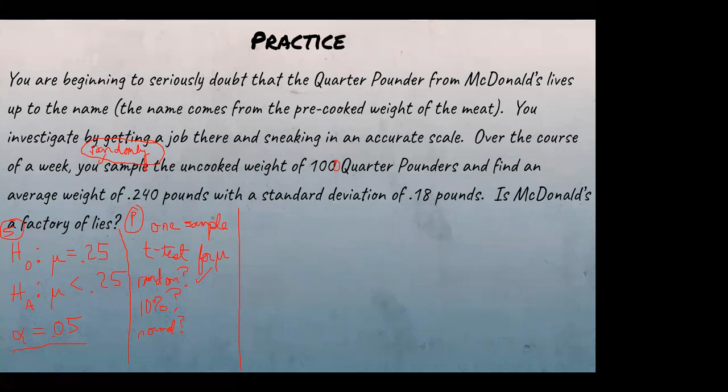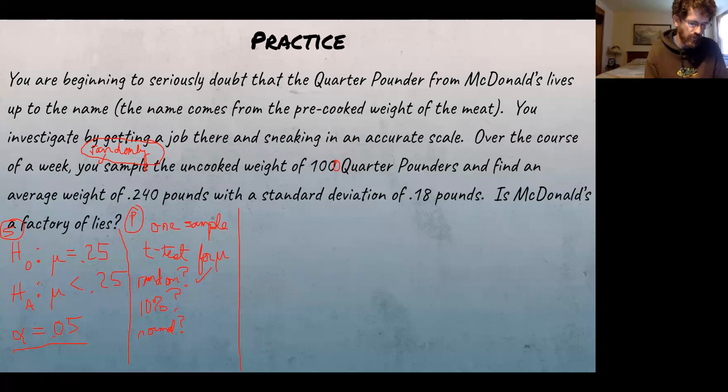Yes. I think it's fair, maybe not the best setup for a test, but this is less than 10% of all quarter pounders. And I know it's just one location, but you can add a caveat to that at the end. Is it normal?